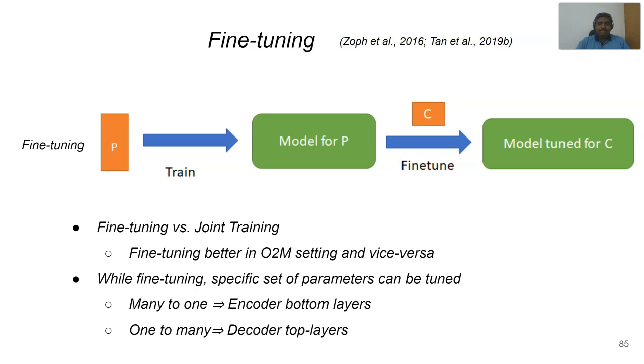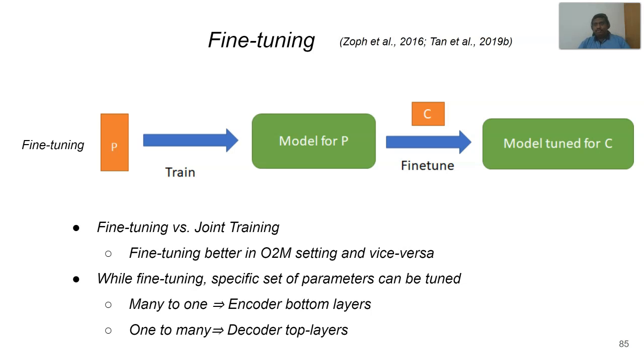The thumb rule, what has been found in some studies, is that for the many-to-one direction scenario, it's good to tune the encoder bottom layers, since these are the more language specific parts of the network, whereas for the one-to-many scenario, it's better to tune the decoder top layers while freezing the other parts of the network.